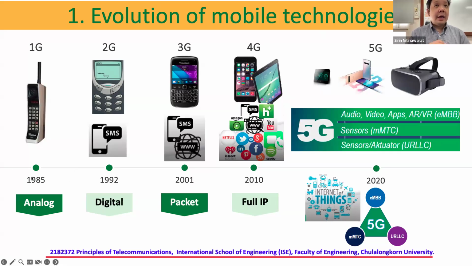At the beginning, the first generation cellular networks were all analog networks. What do I mean by that? The network and also the devices are designed using signal processing and data communication based only on analog signals. In other words, the information was not digitized.